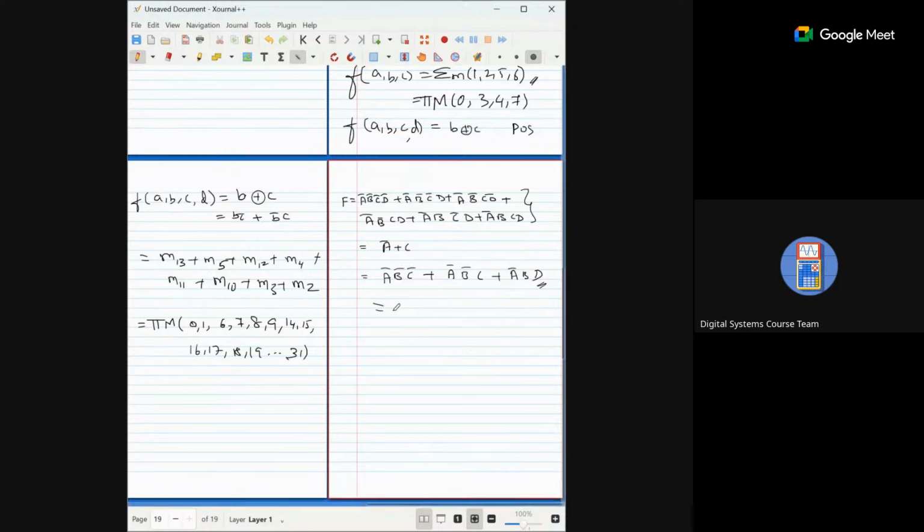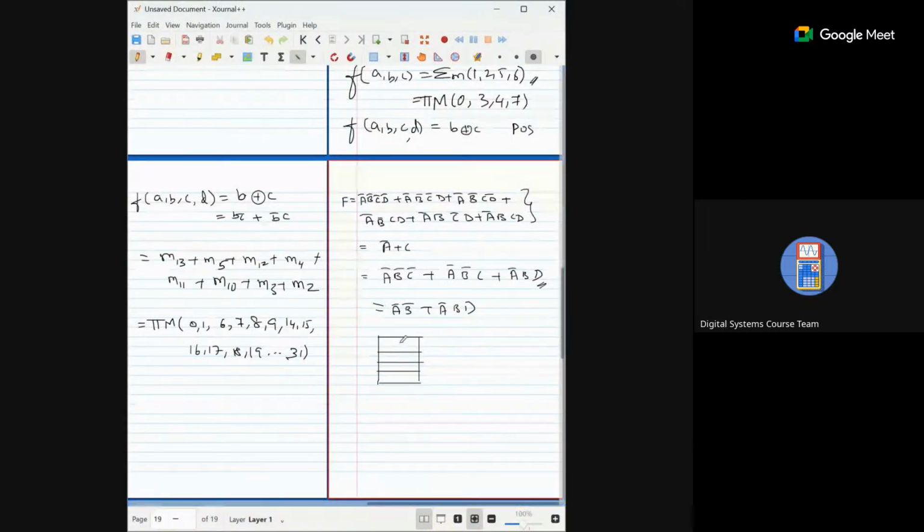Then from here I can take A bar, B bar common, and then reduce A bar, B, T from these two things. Ultimately C is cancelled. Whether my answer is right or wrong, let me cross-check it.